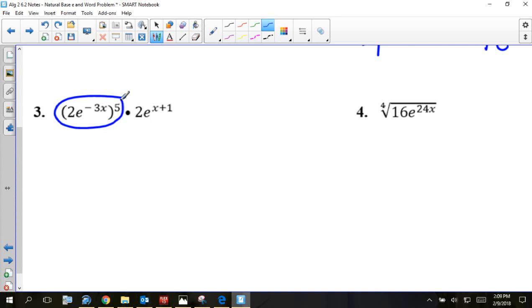What do I do to everything in there? Take everything to the fifth power. So I'm going to take 2 to the fifth. But how do I take e to the negative 3x to the fifth? What do I do when we have power of a power? We multiply them. So we get e to the negative 15x.